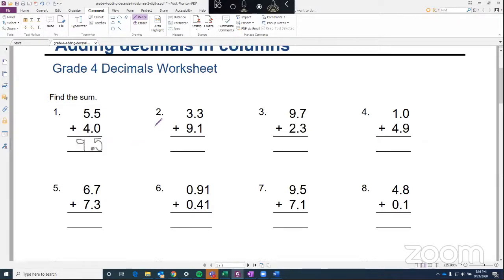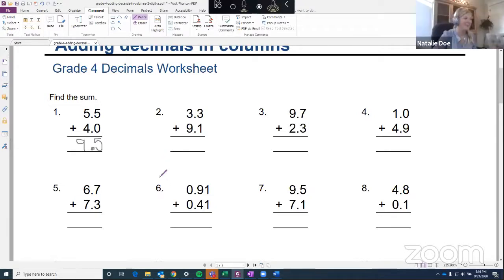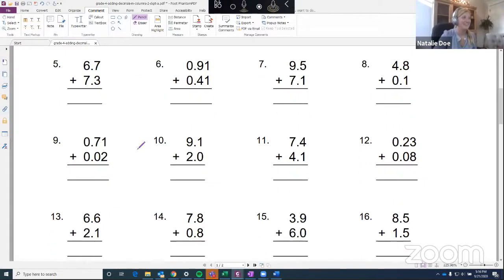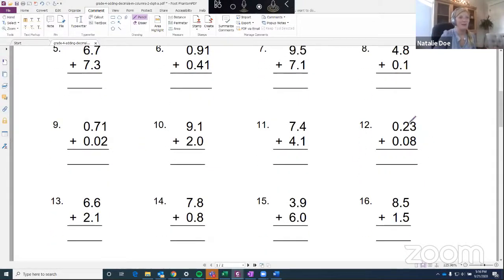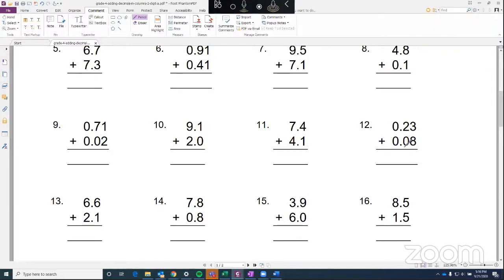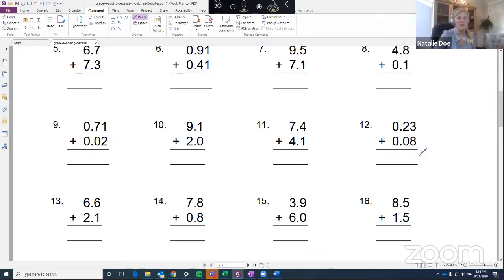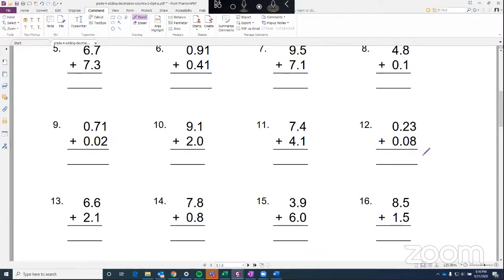All right, we can get more tricky. Let's go down here. How about this one? 0.23 plus 0.08. How do you think we start? So add 3 plus 8, which equals 11.